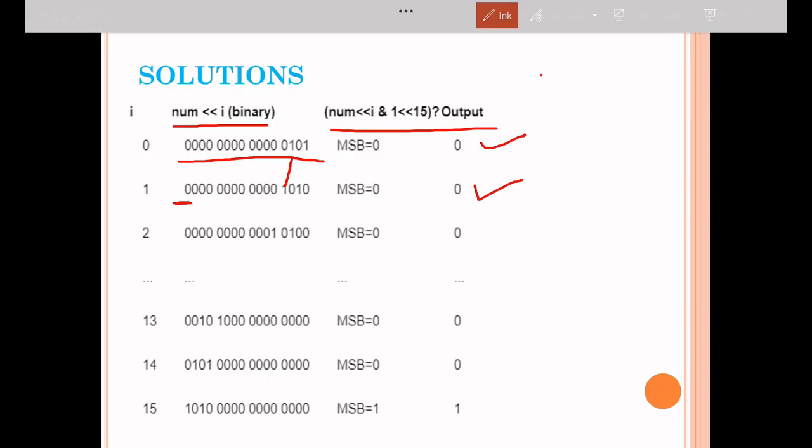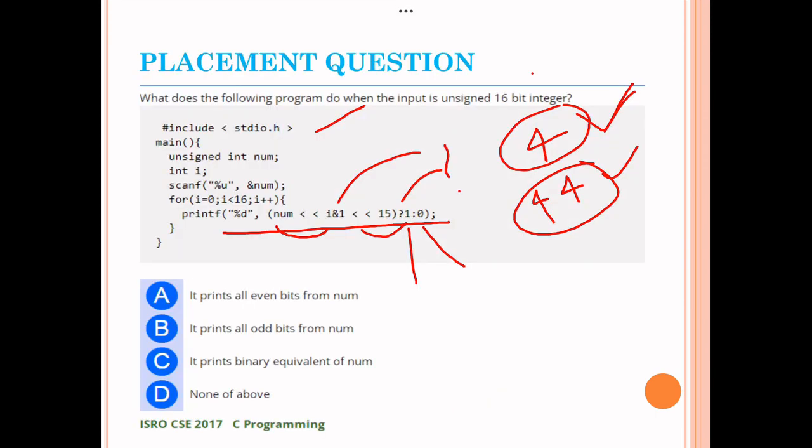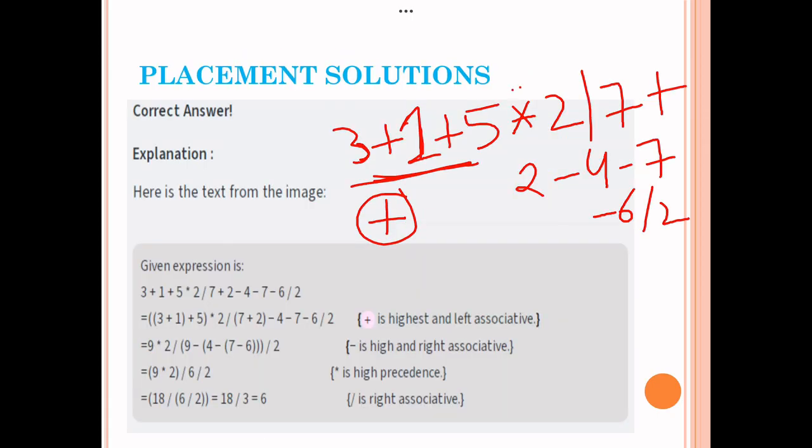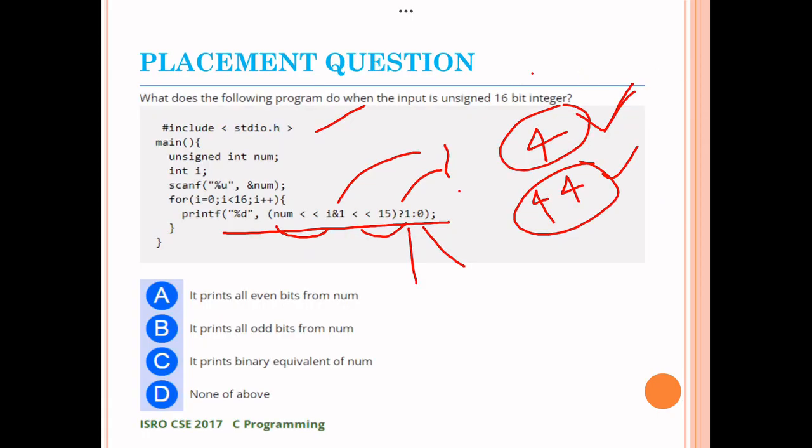Again left shift 1. Okay, MSB is 0. Similarly like this, and at last you will get the 1 coming here. So once MSB is equal to 1, then you are getting 1. So this is your final result. So what you are getting actually is the result, it prints the binary equivalent of sum. Okay. So now next question.